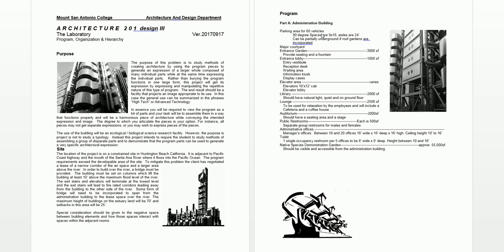You can use squares or circles that have the areas of all the things you need to do, and put them on the site. What you should find is that a building doesn't fit on the site on one level, so it's going to have to be multiple levels.